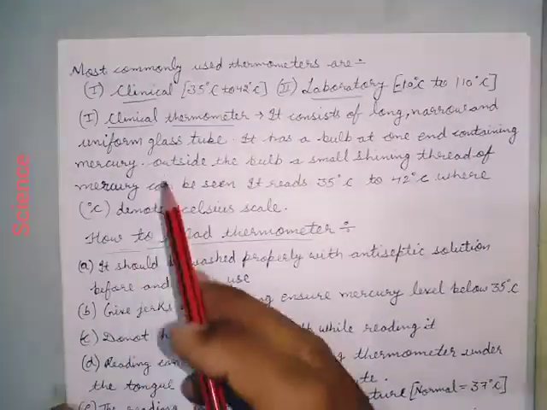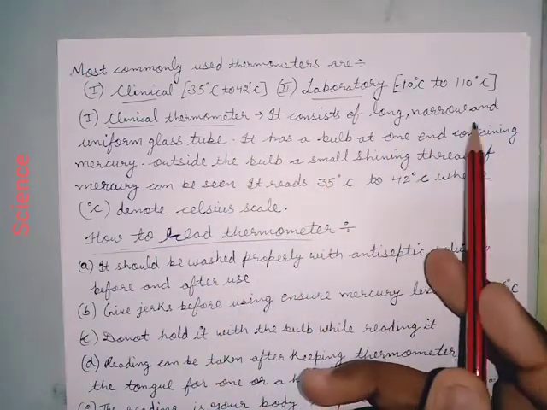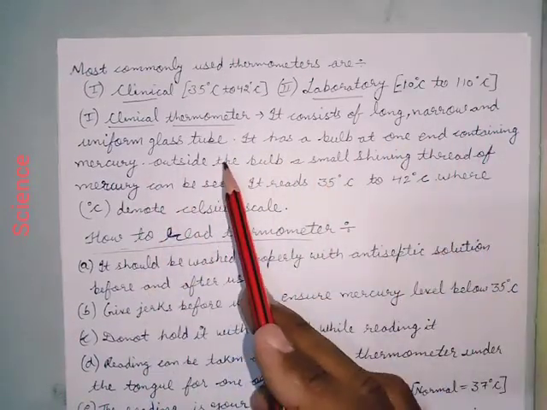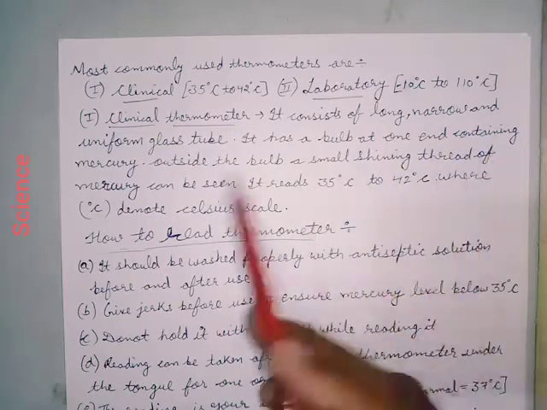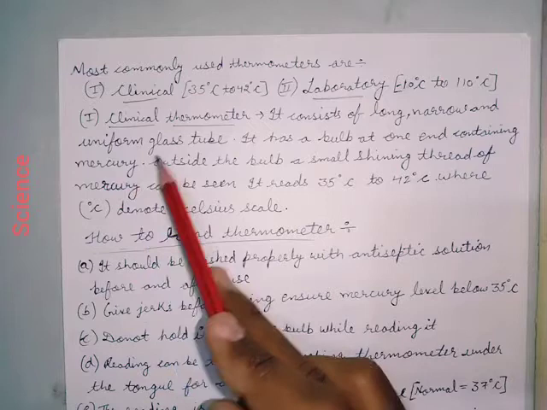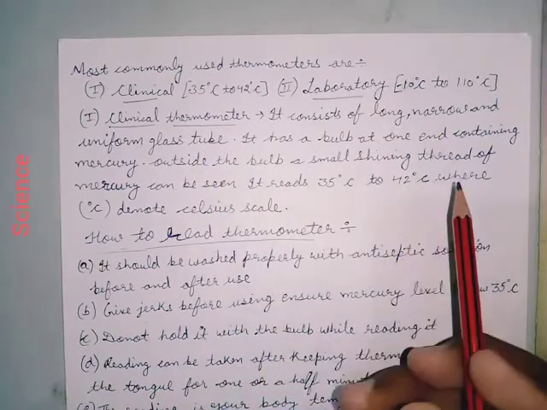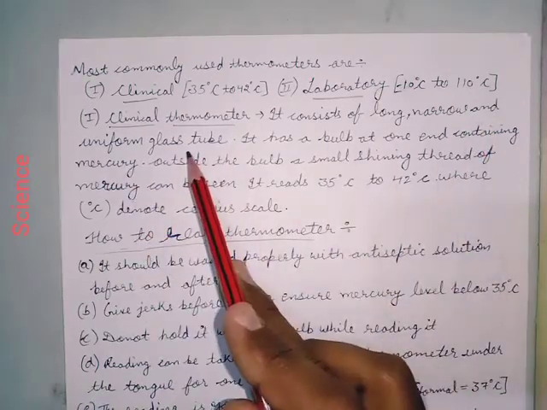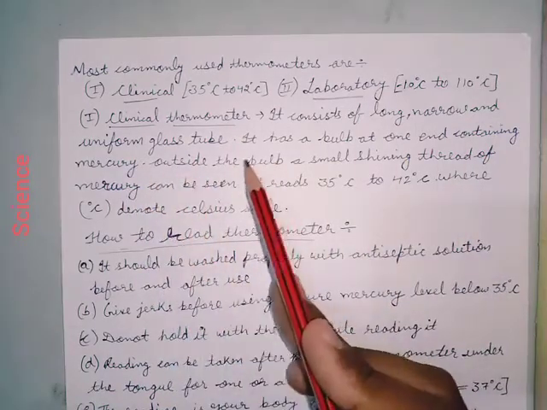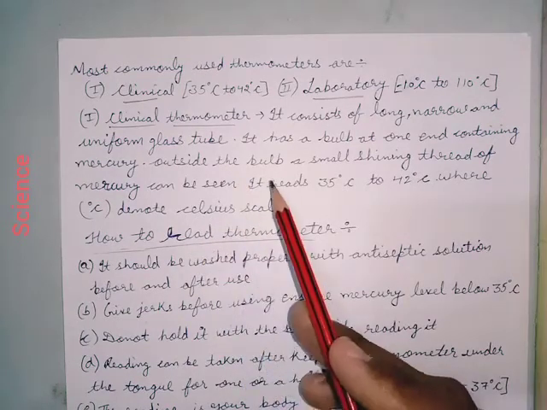First, starting with the clinical thermometer. It consists of a long, narrow and uniform glass tube. It has a bulb at one end containing mercury. Narrow means it is very thin in shape, and uniform glass tube means it is made of uniform glass.